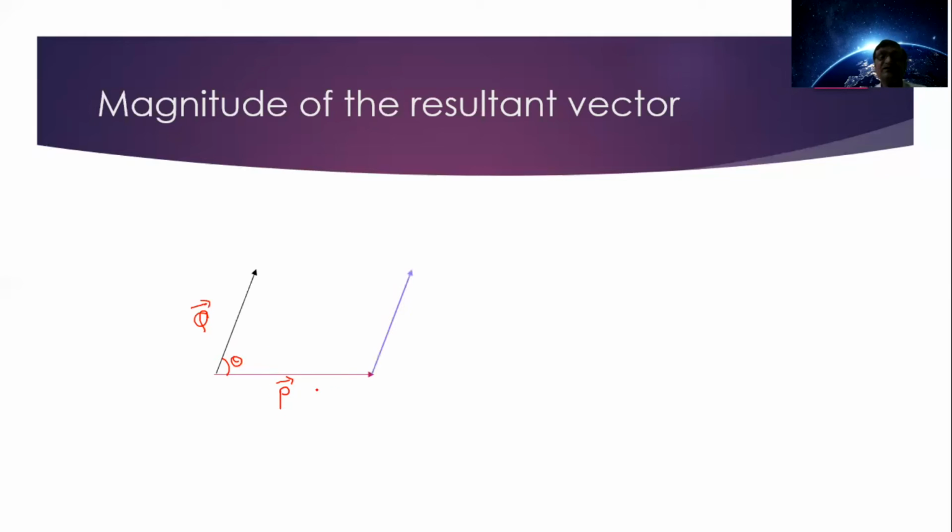Here we can complete the parallelogram. Here this is also Q vector and this is also P vector. We can designate this parallelogram as OACB.